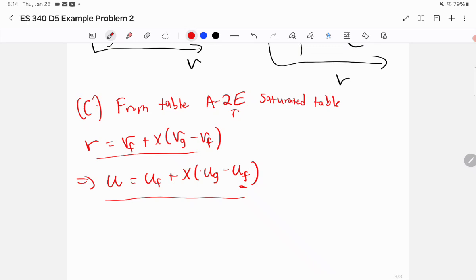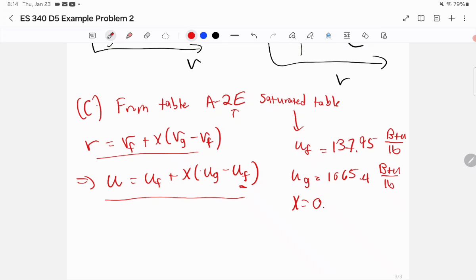And what we find is UF from the table is equal to 137.95 BTU per pound. UG is equal to 1065.4 BTU per pound. And of course, X is equal to 0.5.